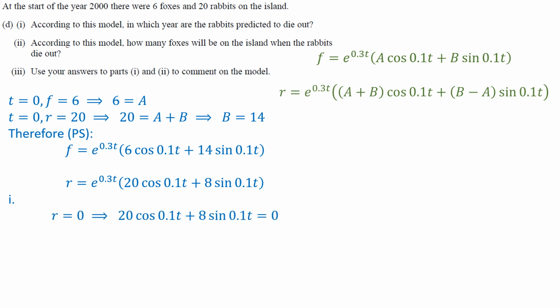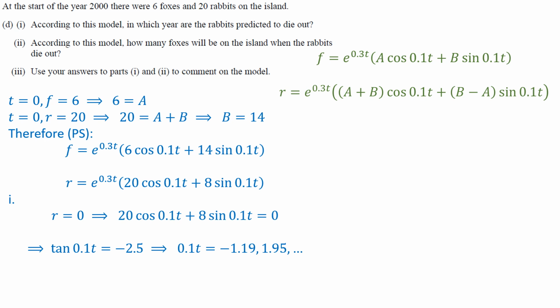When do the rabbits die out? Set R equal to 0 and solve for t. Now we always have to be a little bit careful when we're solving a trigonometric equation. We have to consider all possible solutions. The principal value when you do inverse tan of minus 2.5 is a negative number. And even after we divide by 0.1, it's still going to be negative. And that wouldn't make sense because it's suggesting a value of t which will be before the beginning of the study.